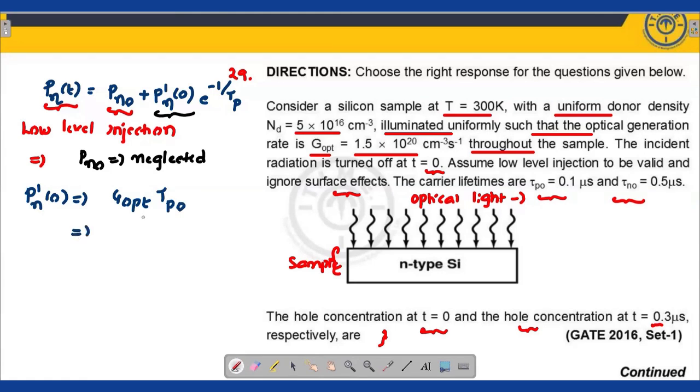G opt is equal to this value, already it is there, and the tau PO value is here. Now substitute these values here. Then you are going to get the result.